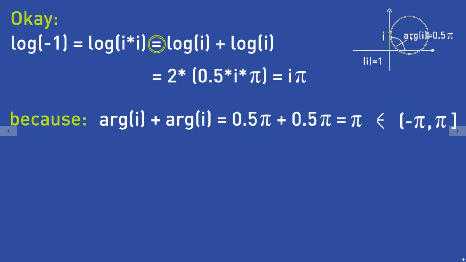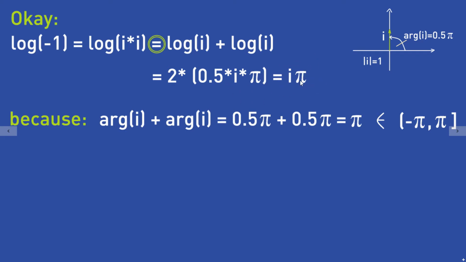So you need the argument of I, which is pi half, and you need the absolute value of I, which is 1. And then you just insert in the formula for the logarithm and get pi half times I, and this is 2 times the logarithm of I, so in the end you have I times pi.